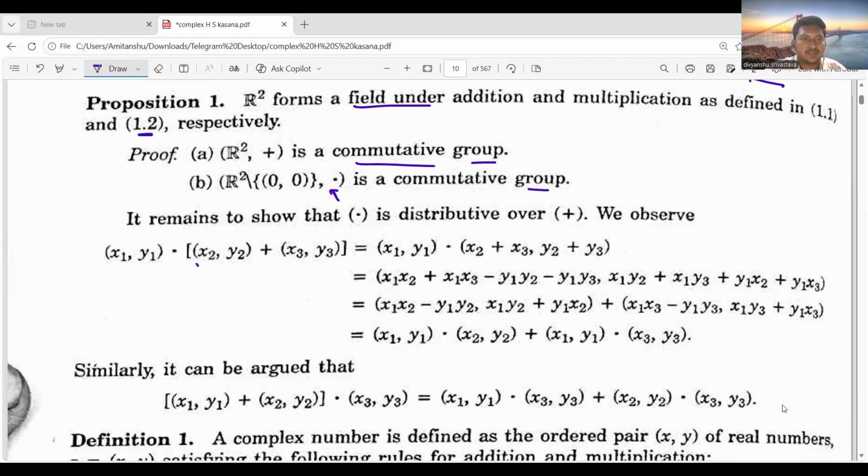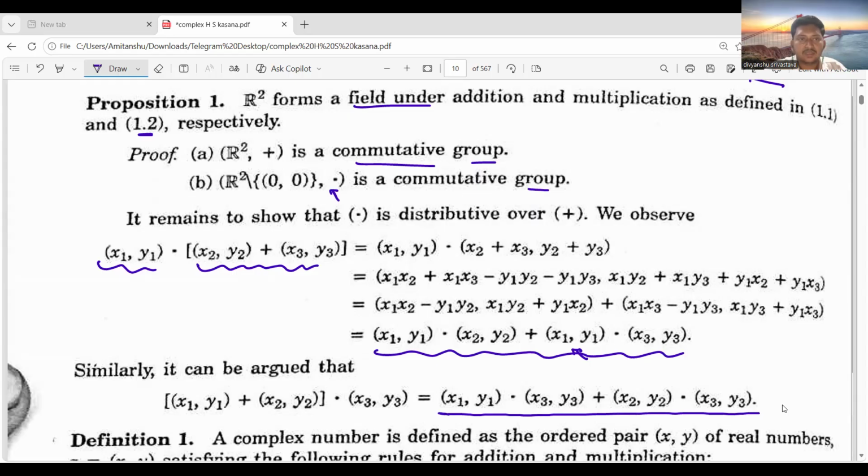Here we apply the addition of two numbers in R square, and here is the one for the multiplication. Now, when you solve these two things, you get this number. And here, when you take the common terms x1, y1, x2, y2, then x3 plus x3 comma y3, it gives you something like this. Okay.